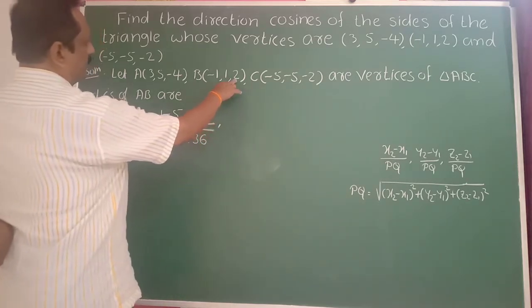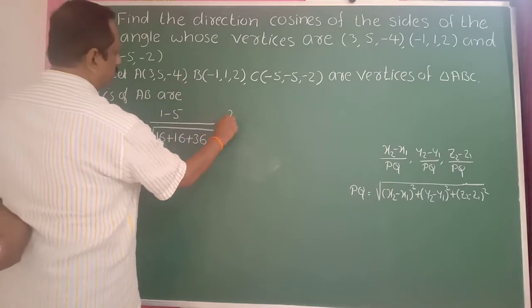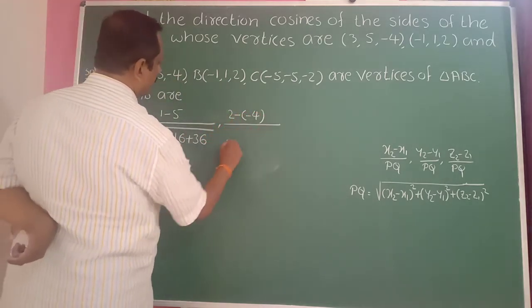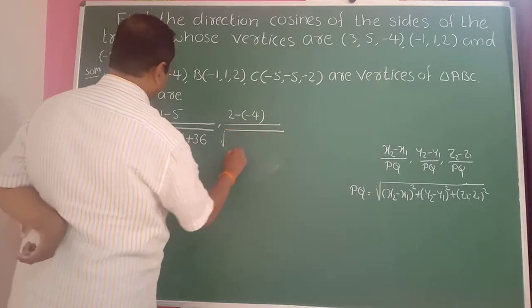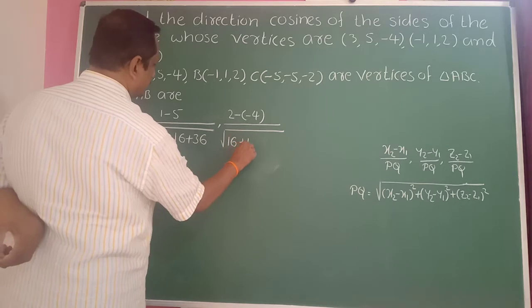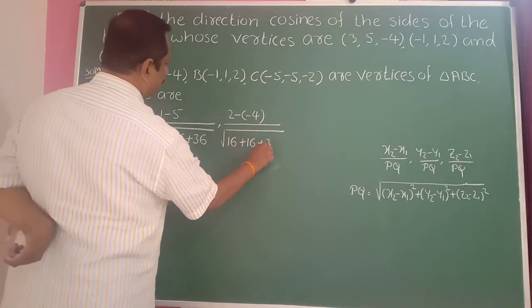Then (2 minus (-4)) divided by the root of 16 plus 16 plus 36.